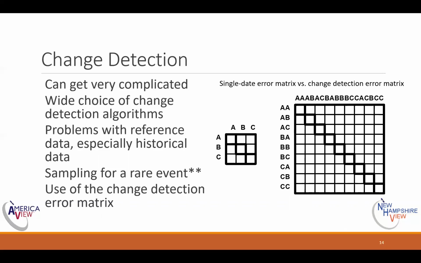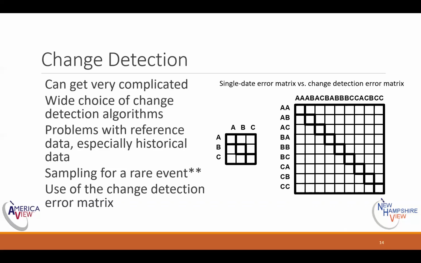And lastly, change detection requires that you use a change detection error matrix, and a change detection error matrix becomes very, very complex. Why? Look to the right, and you can see that if I have a 3-category single date error matrix, I've got 3 categories, A, B, and C. On one axis, I have the reference data, and on the other axis, I have the map.